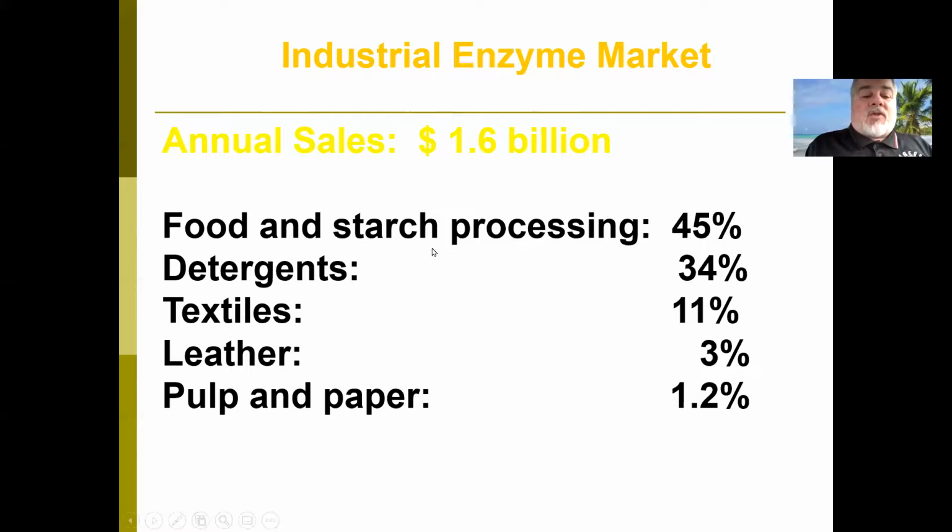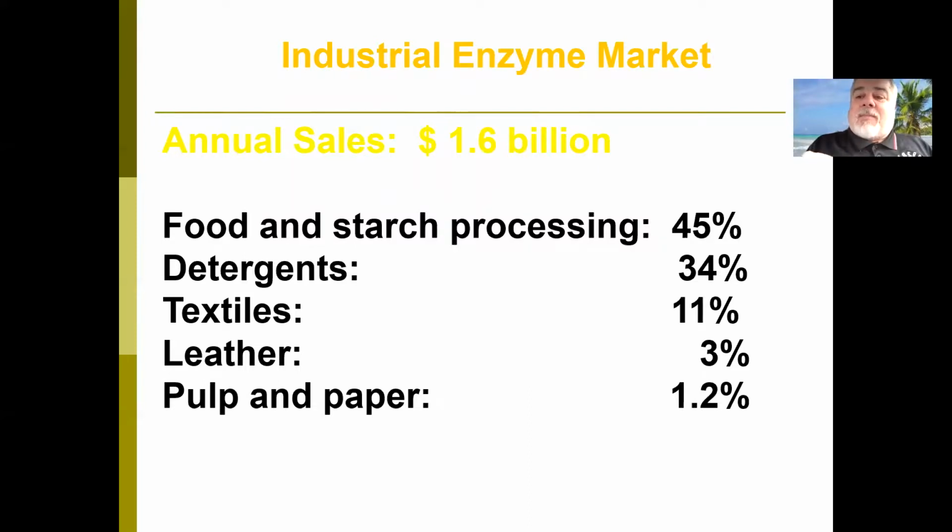Things you might not have thought of. Detergents, you're doing laundry. One of the things that can be done is adding enzymes to help break down certain things that would be stains on your clothes. So using enzymes to improve detergent activity, or enzymes in the manufacture of the detergent itself.